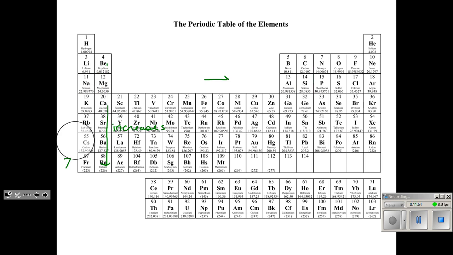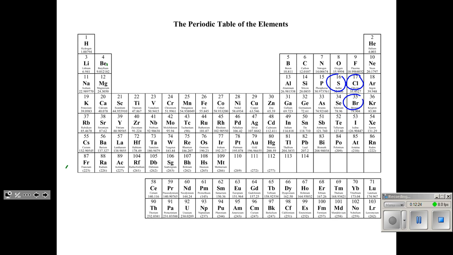So I might say to you on a quiz, oh, why is chlorine smaller than bromine and sulfur? And then you'd have to explain to me, well, chlorine is smaller than bromine because bromine has outer electrons at the 4th energy level, where chlorine only has them at the 3rd energy level.